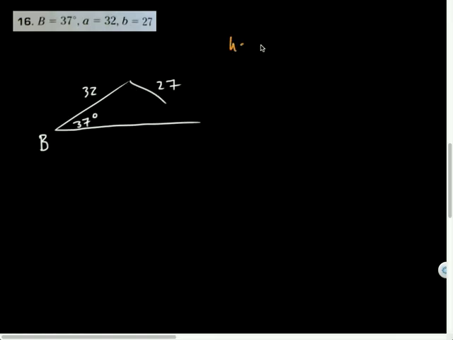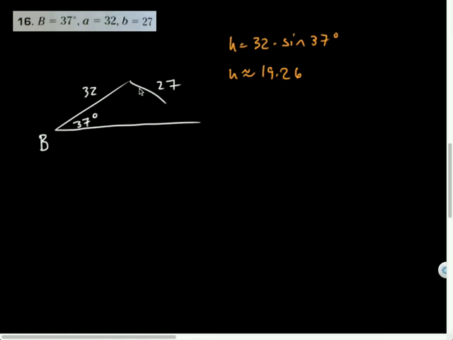So h is going to equal 32 times the sine of 37. So h is about 19.26.